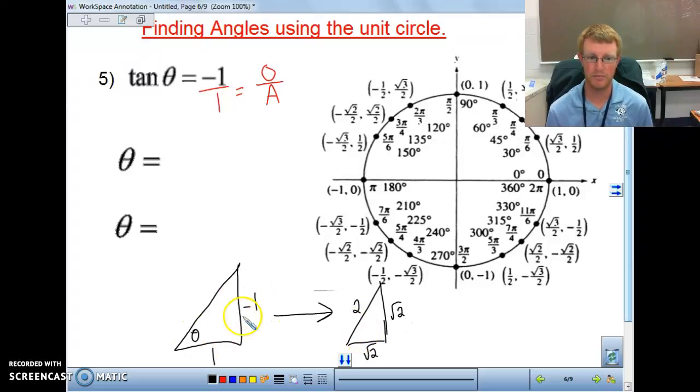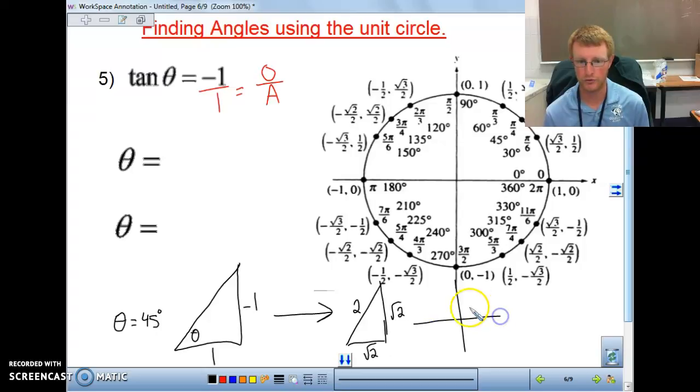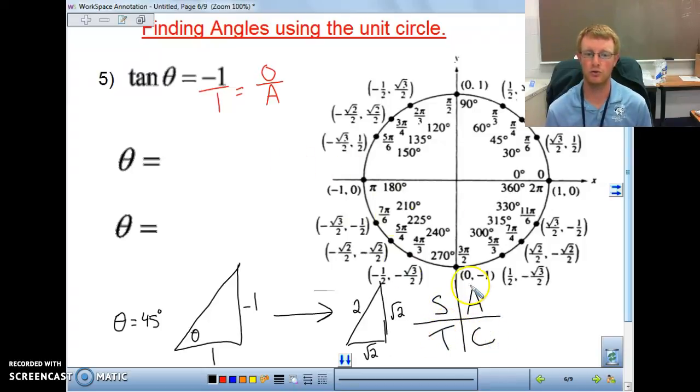You should see that because the legs are the same from geometry, our theta is going to have to be 45 degrees. So once again, when we do our all students take calculus, we need to identify the two quadrants where tangent is negative. Tangent is negative in the second quadrant and the fourth quadrant.